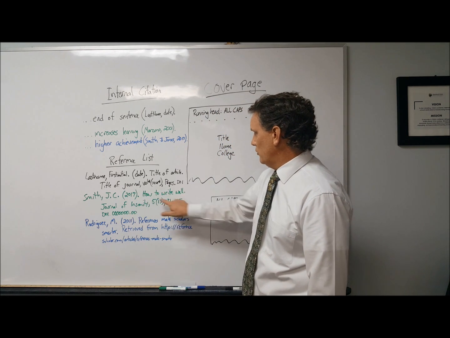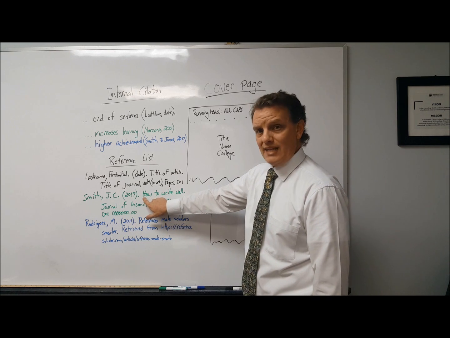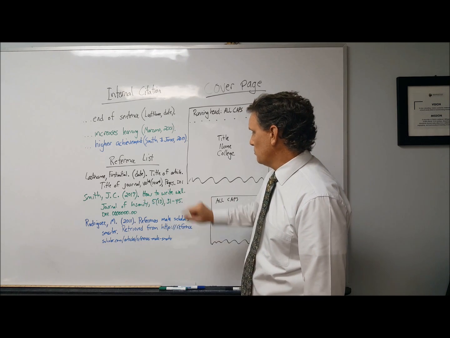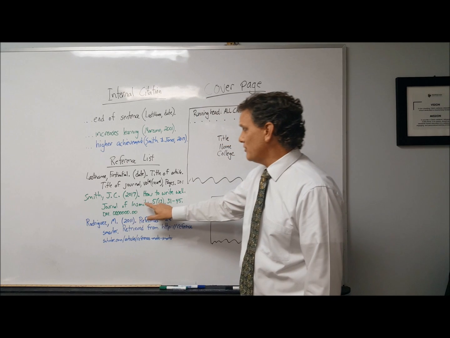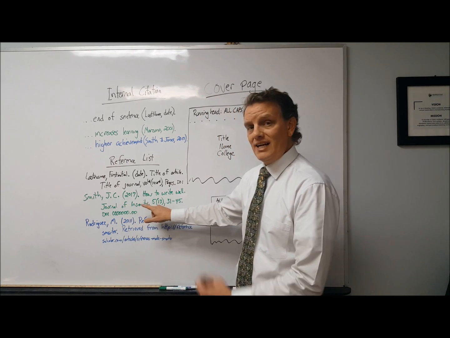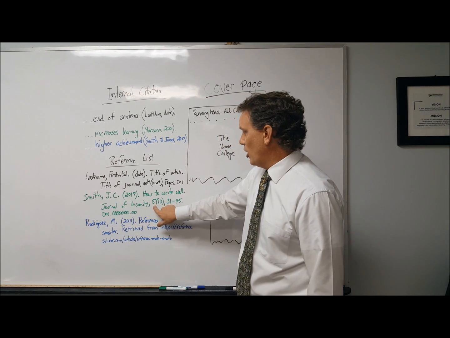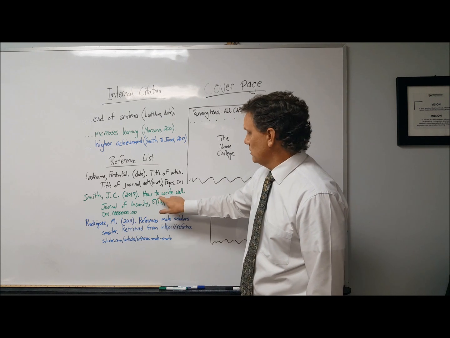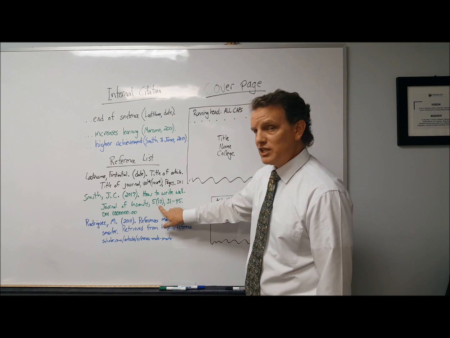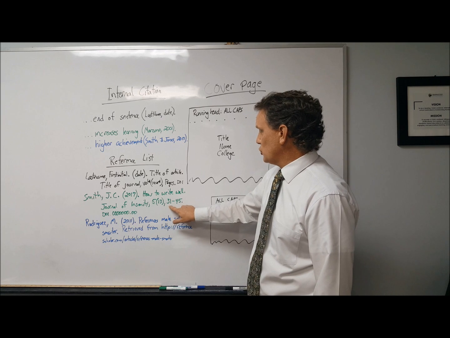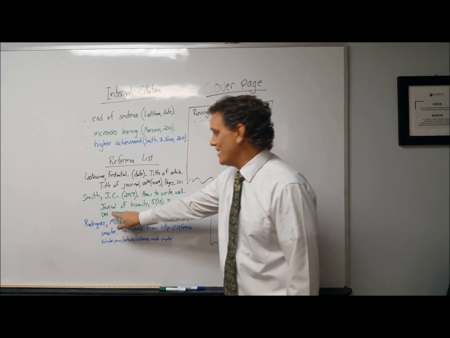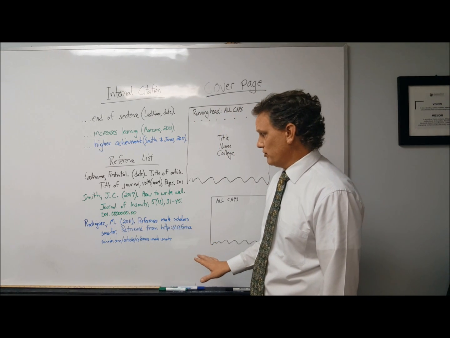How to write well. Notice, first word is capitalized, the rest are not, period. Journal of Insanity, okay, that will be italicized, comma, volume 5, no space, in parentheses, issue 13, comma, pages 31 to 45, the DOI number is so on and so forth.